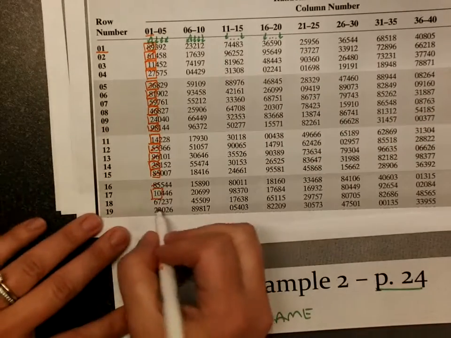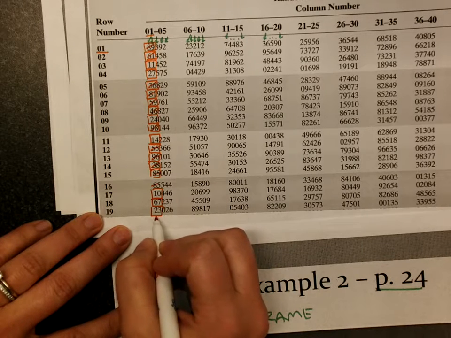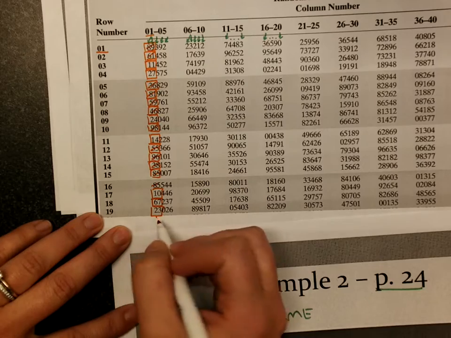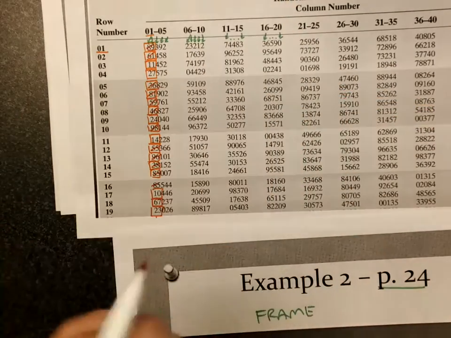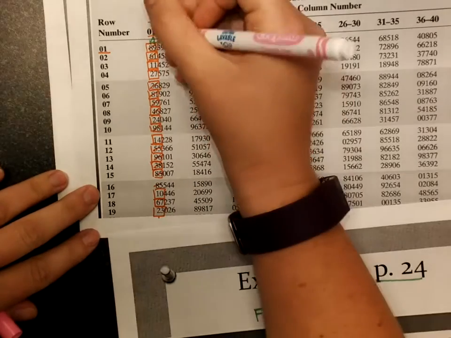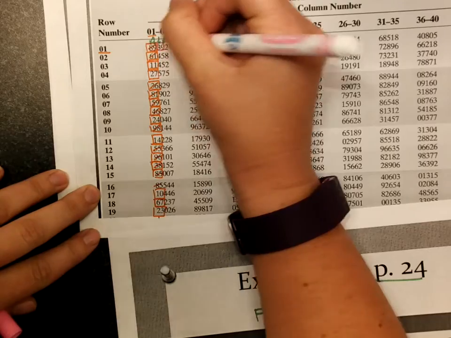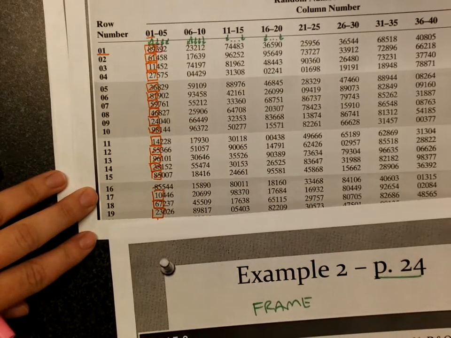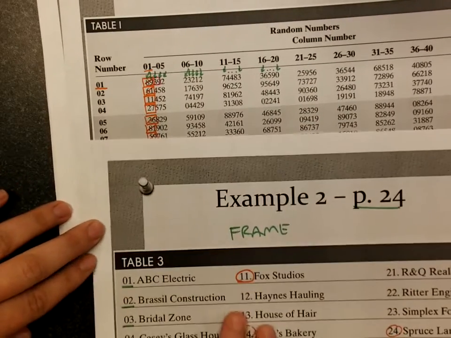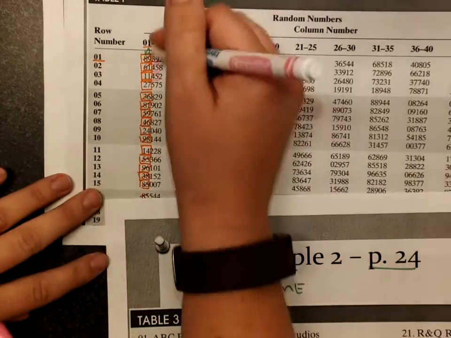If you get down to the bottom, let's pretend like we kept going. Once you get down to the bottom of one of the columns, you go immediately next to it. Let me change colors. You go all the way up to the top immediately next to it for the next. So 39 would be the next in my sample. I know it's hard to see on mine, but hopefully you can see it on yours. And then 45, and you keep going down.